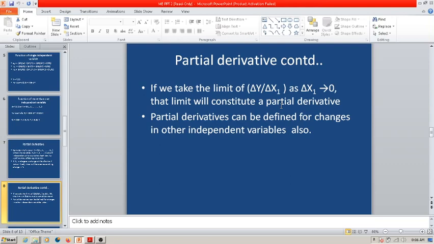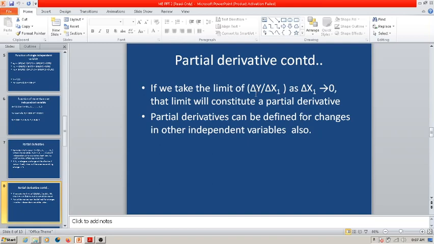Okay. Now, the computation of partial derivative. Before going on to computation, let us see. The partial derivatives can be defined for changes in other independent variables also. So this is the way in which you can express the partial derivative if there is a change in x1 leading to a change in y.